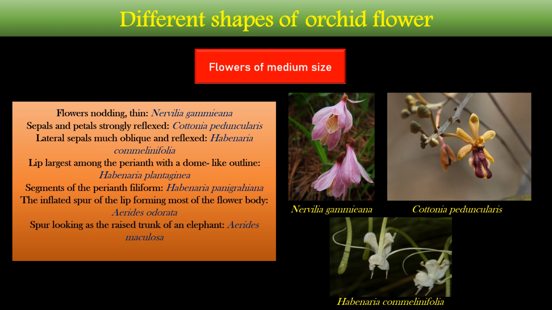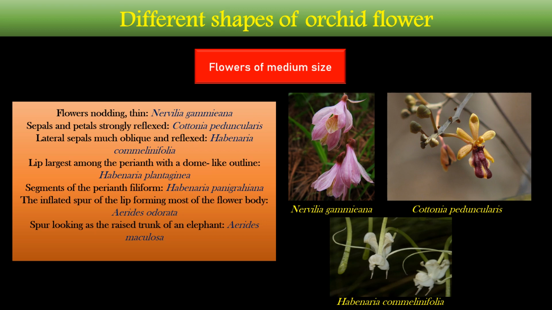Then comes the lip largest among the perianth segments with a dome-like outline, that is Habenaria plantaginea. It has the largest lip among the perianth, and it has very noticeable outlines.